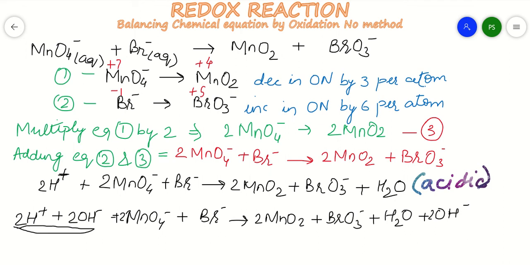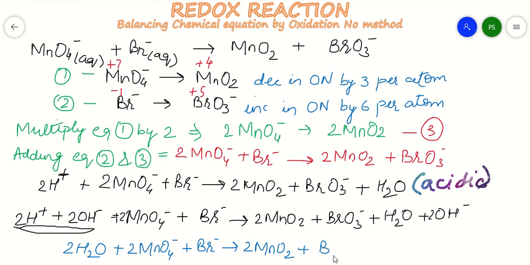So after adding 2 H plus and 2 OH minus, I will be getting 2 H2O plus 2 MnO4 minus plus bromide gives 2 MnO2 plus BrO3 minus plus H2O plus 2 OH minus.